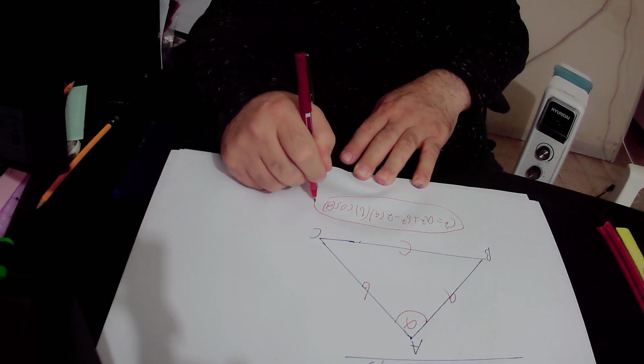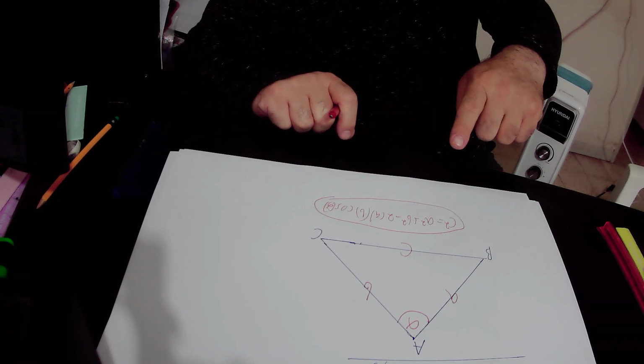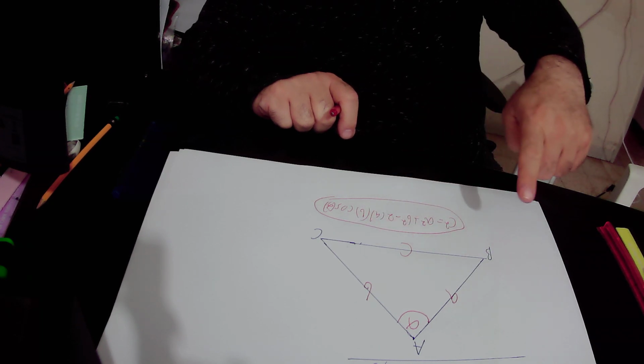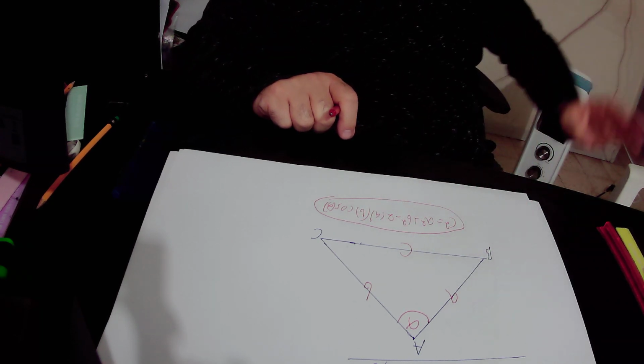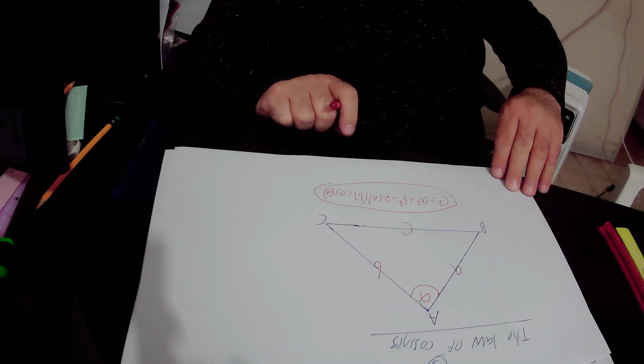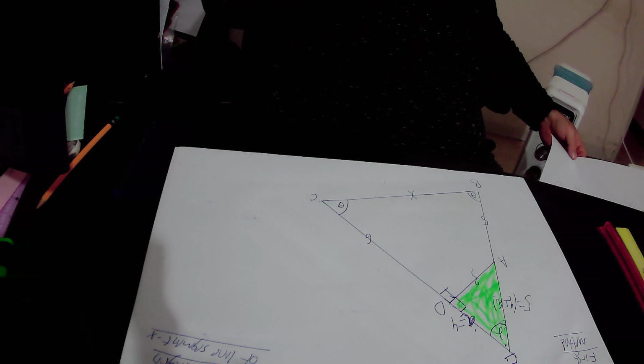I will repeat again. According to the law of cosines, C squared equals A squared plus B squared minus 2 times AB times cosine alpha. So we will implement the law of cosines in our triangle EBC.